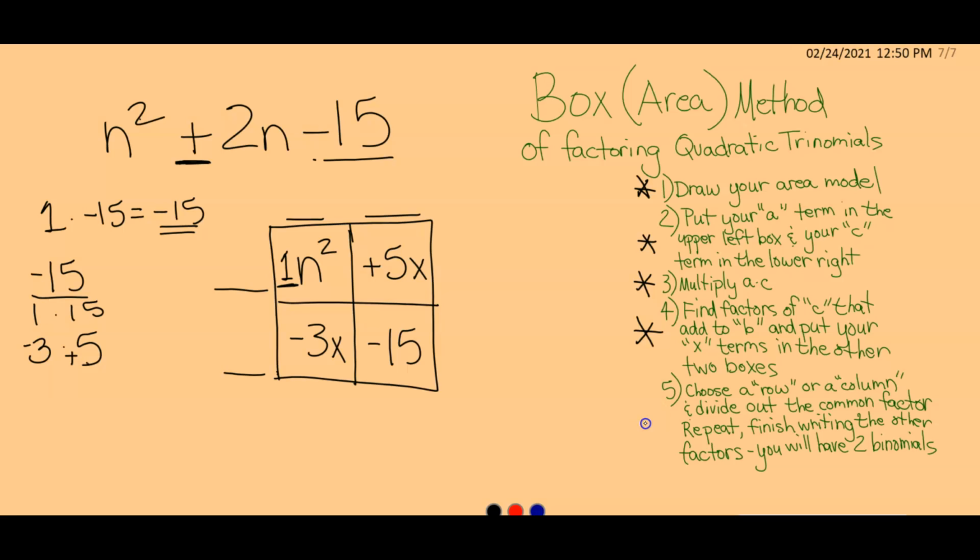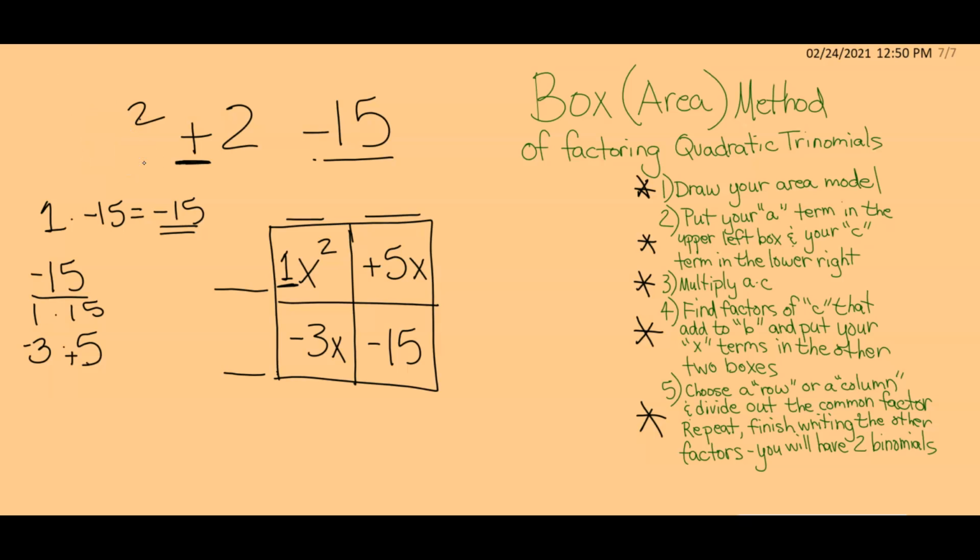Okay? So, next step. We found our factors of C that add up to B, and we filled out our other two boxes. So now, the last step is you can either go across the row. Oh, I put an N. Sorry about that. I did not mean to confuse you guys. Let's just make this all X's, shall we? And let's do the same up here so you guys don't get confused.